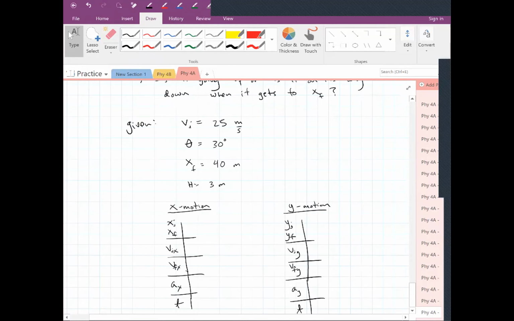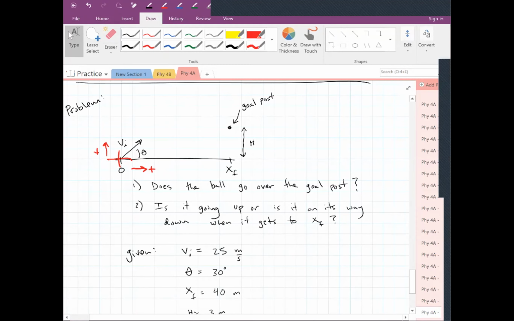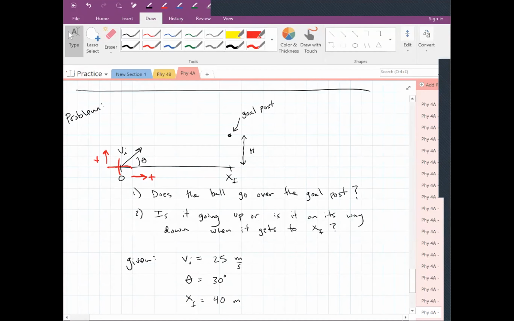We know it starts at X equals 0. And there are a few ways to approach this, but I think the best way is just let's plug in X final, you know, the plane of the goalpost, and this plane right here, and then we'll solve for Y. So when it gets to X final, we'll solve for Y and see if it's more than 3 or less than 3.